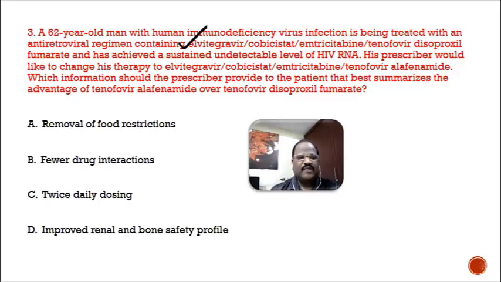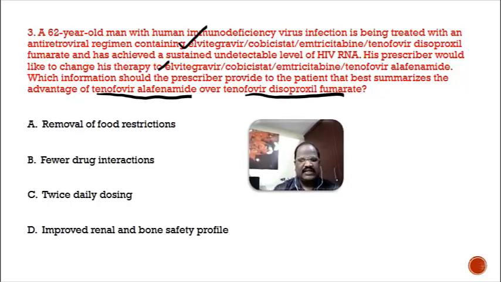His prescriber would like to change this therapy to elvitegravir, cobicistat, emtricitabine, tenofovir alafenamide. Which information should the prescriber provide to the patient that best summarizes the advantage of tenofovir alafenamide over tenofovir disoproxil fumarate? Very important question, doctor.